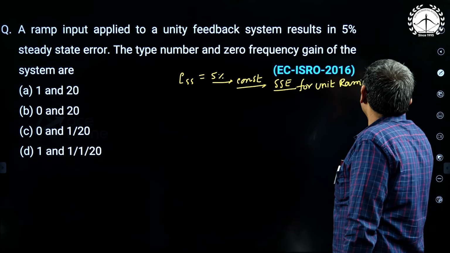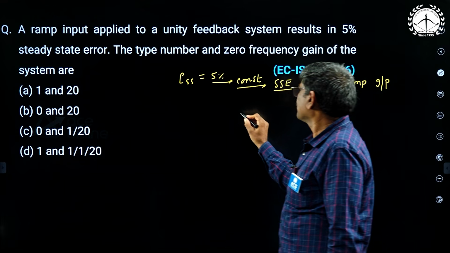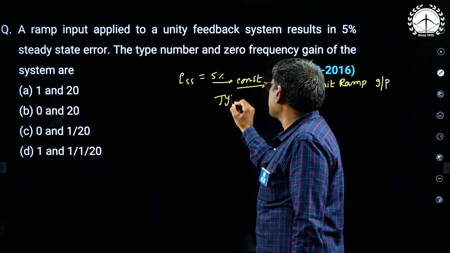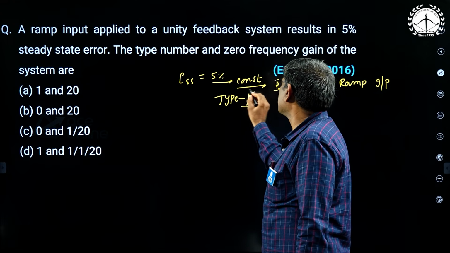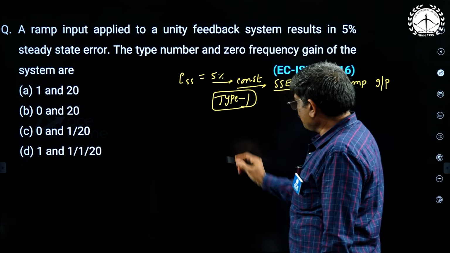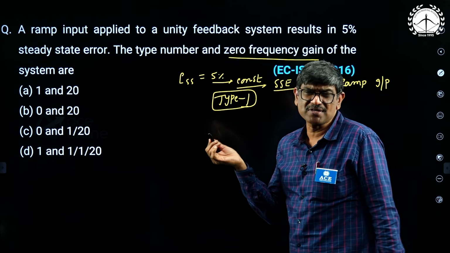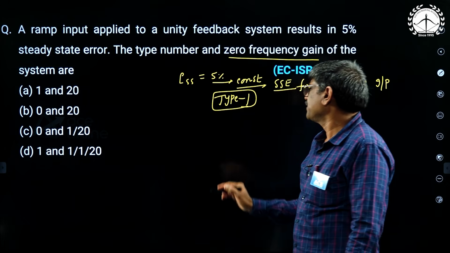Unit ramp input is possible only for the type 1 system. That means the type of the system should be 1. And we require to find the zero frequency gain. Zero frequency gain means constant. KV you have to find.